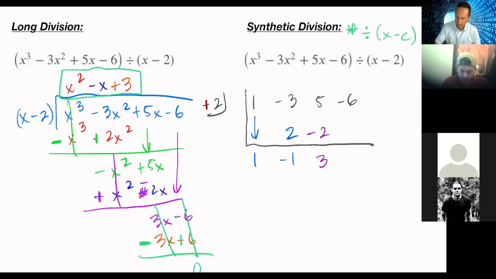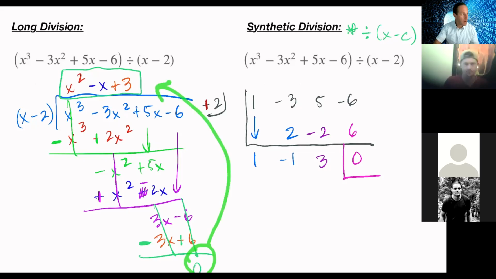Now what? 2 times 3? 6. Add straight down. I always like to put a little half box there as well, because what does that last column always represent if there's nothing else to bring down? Remainder. That represents your remainder. Very good.